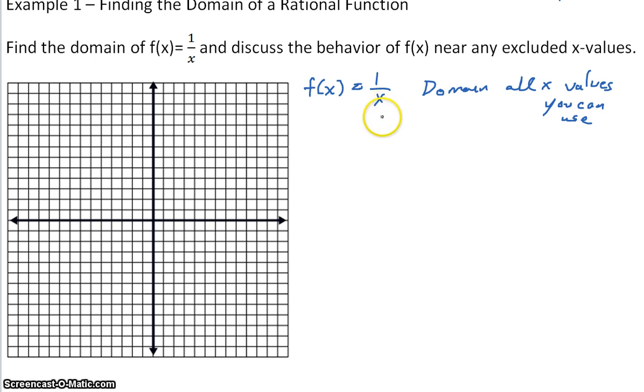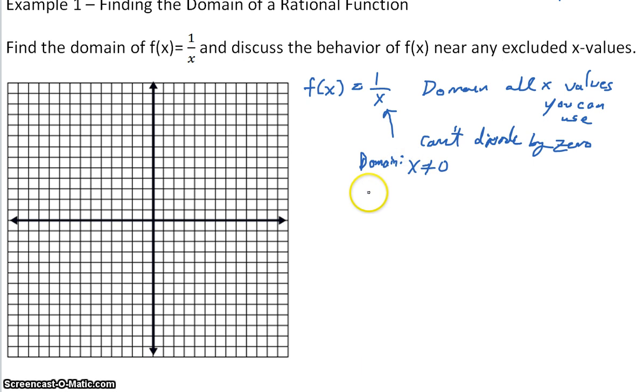So really, what you're doing is taking 1 divided by any number. So the question is, can you not divide 1 by some number? Well, you can't divide by 0. So this number can't be 0. So in terms of a domain, x can't be equal to 0.